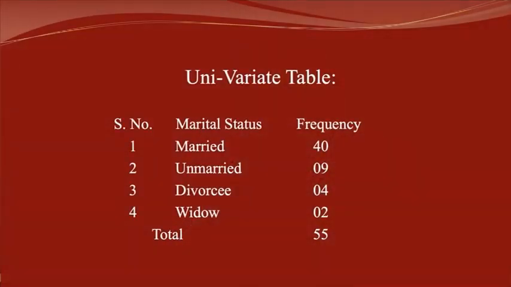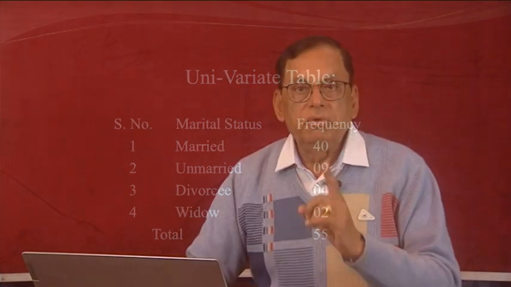This is the form of a univariate table, in which one item is marital status: first category married, second unmarried, third divorcee, and fourth widow. And then we use frequency, that is how much sample we have collected, and then we represent it in the form of percentage also. Only one variable is there, so this is known as univariate.